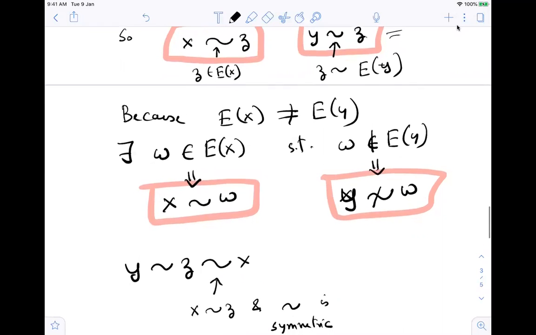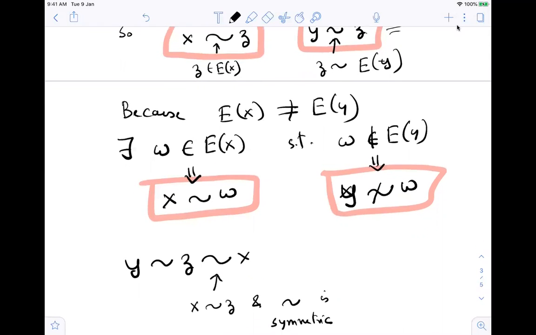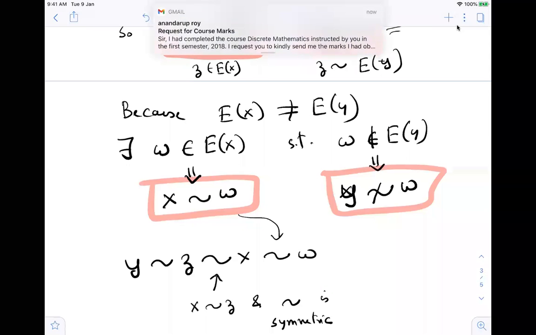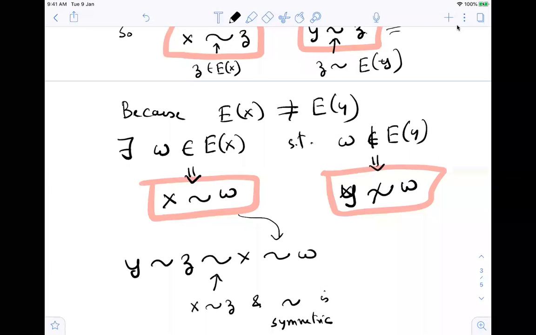If it is symmetric, x is related to Z implies Z is related to x. So Z is related to x. And x is related to W because of this. Correct?